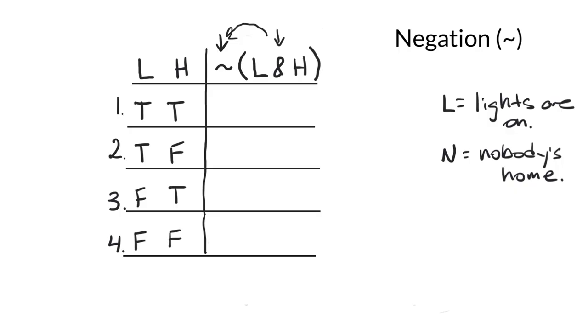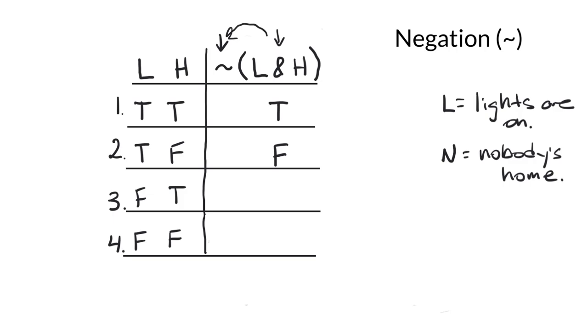So in row 1, we have L true and H true. So in that case, the conjunction is true. Remember, we're just doing what's inside the parentheses right now. And for the conjunction, both sides have to be true. So for row 2, where L is true and H is false, then the statement L and H is false.